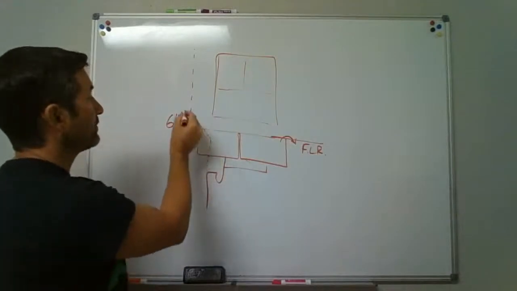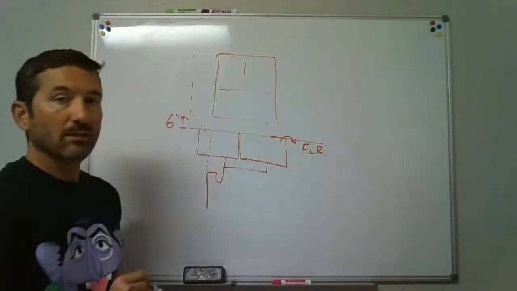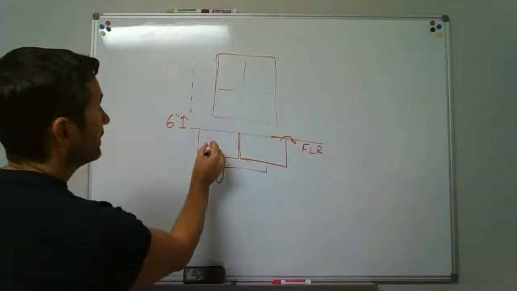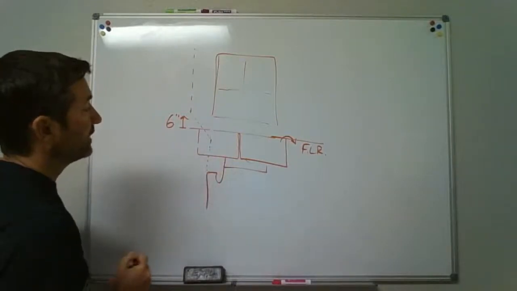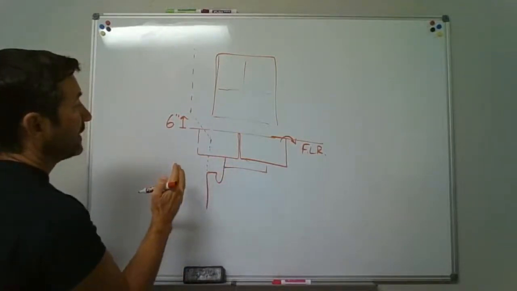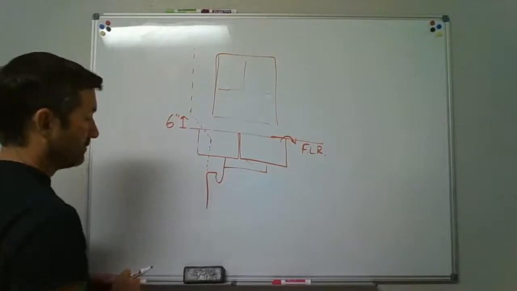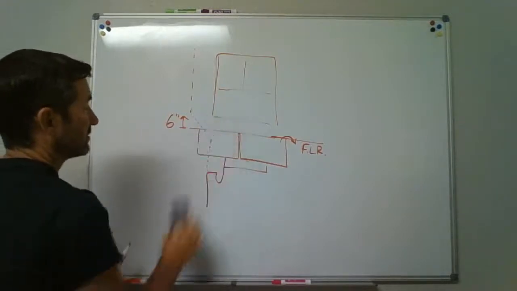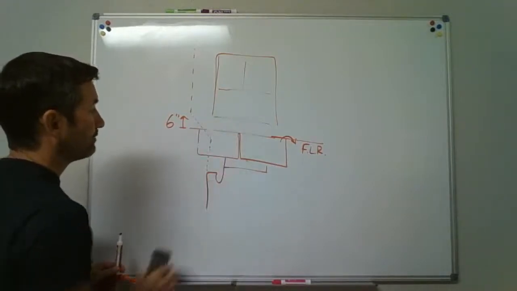So actually the pipe is still turning vertically if we went there. And we could take that 45 and that can be below that 6 inches below the flood level rim on that one.